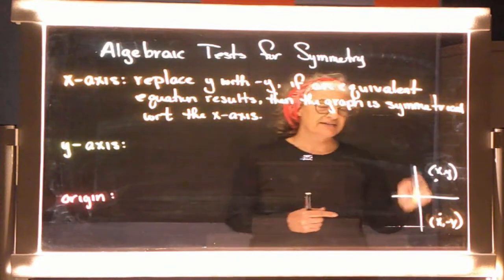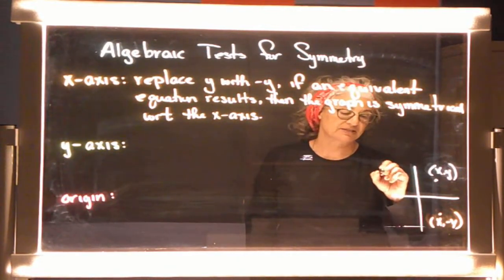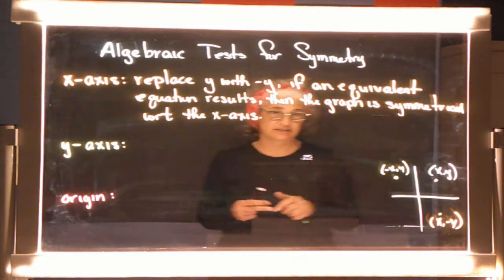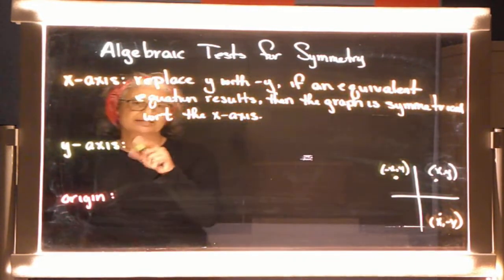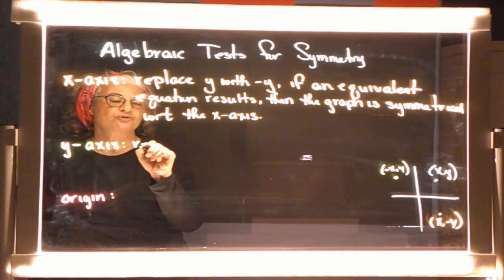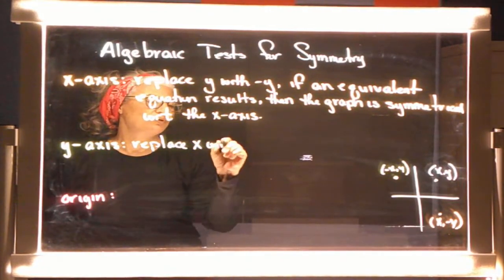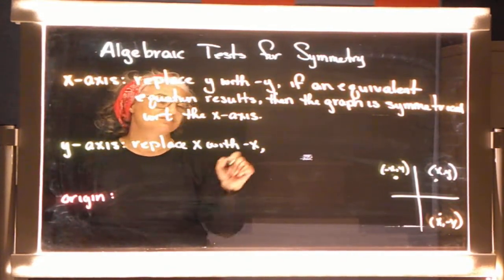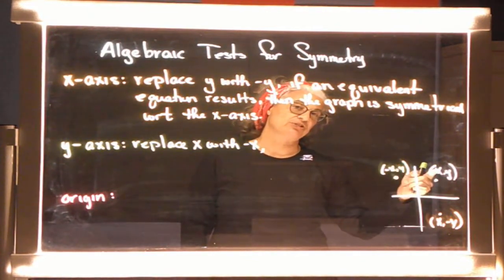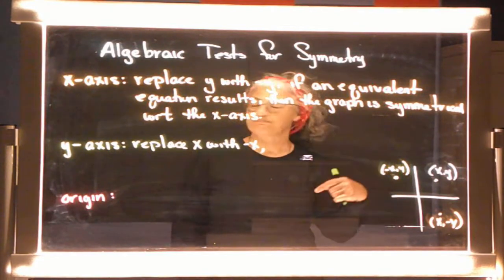Remember, if the y-axis is the mirror, then the reflection was over here, wasn't it? And it became a negative x and a positive y, didn't it? Okay, so guess what? Guess how we're going to start this one? Yeah, we're going to replace x with negative x because the y's stayed the same when there was y-axis symmetry. The x's are the ones that changed. With me?